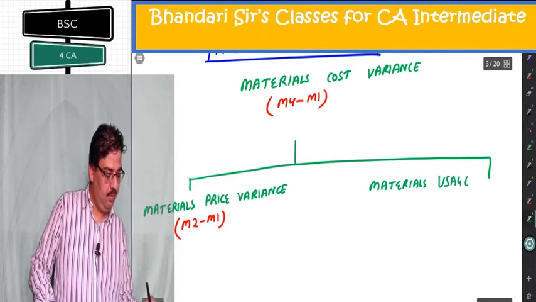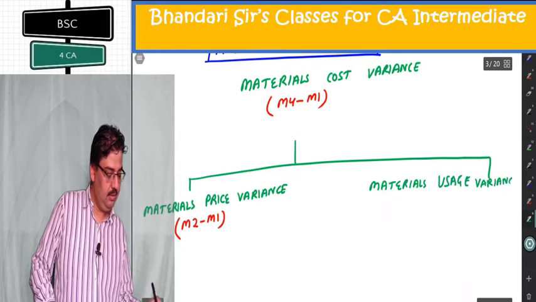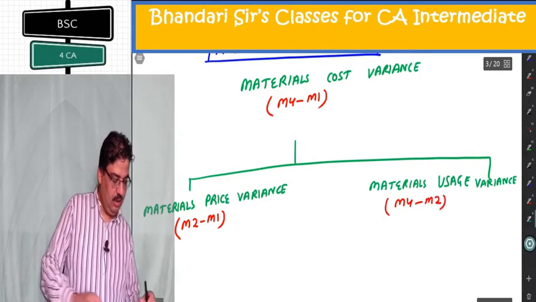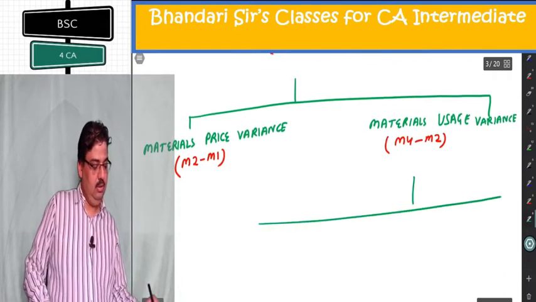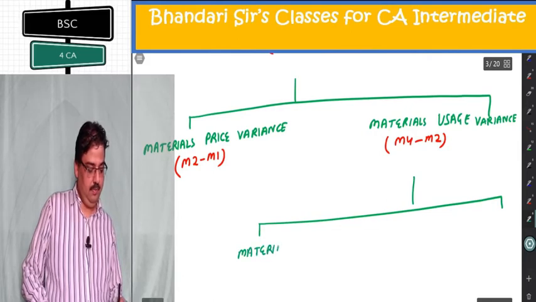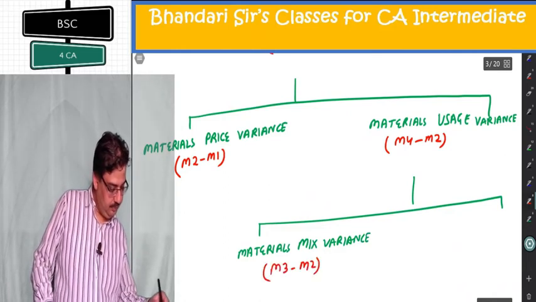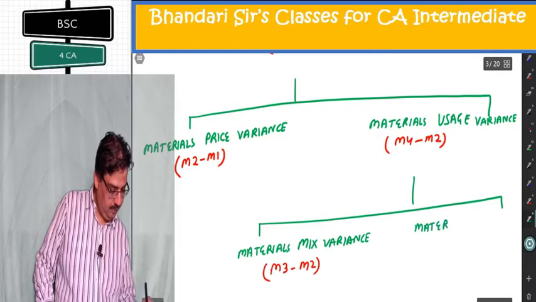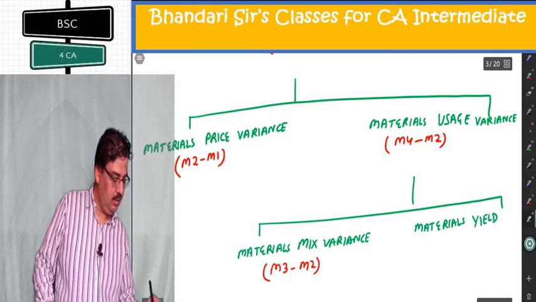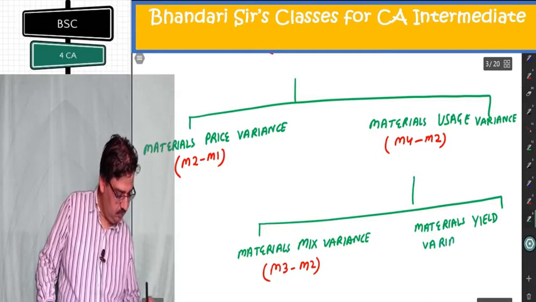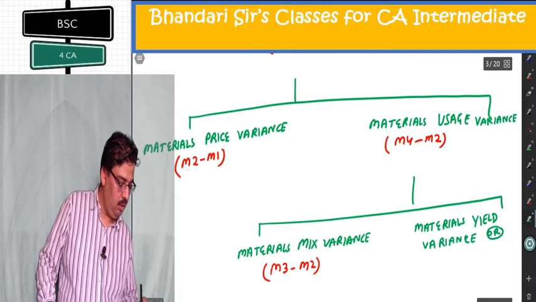Materials usage variance, M4 minus M2. Under this, further, under usage variance, you are having two categories: materials mix variance, M3 minus M2, and materials yield variance, or sub-usage variance.